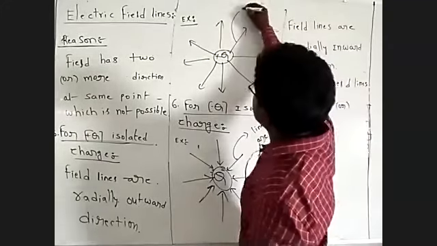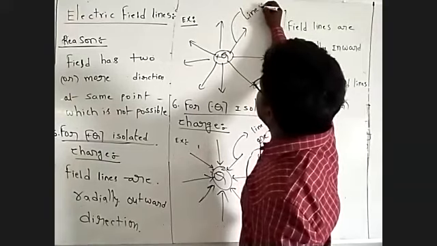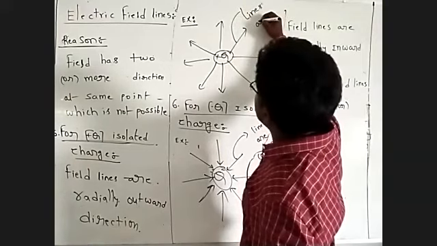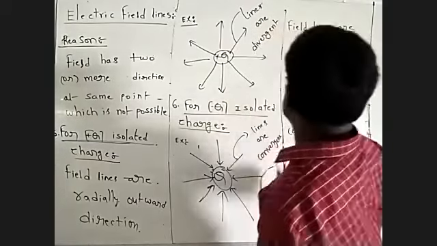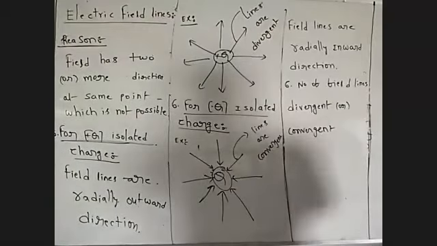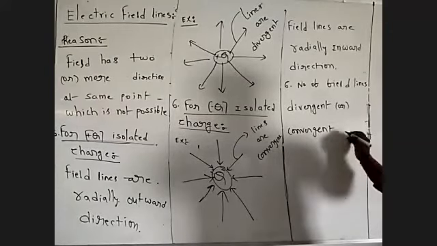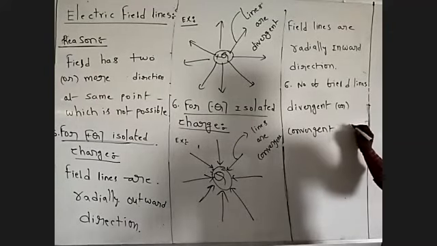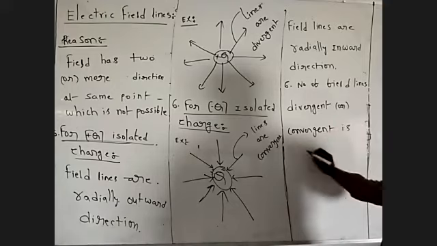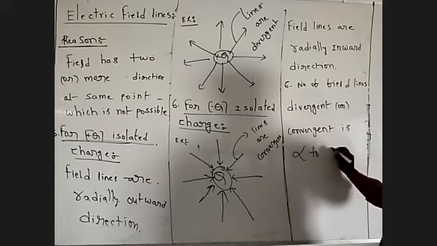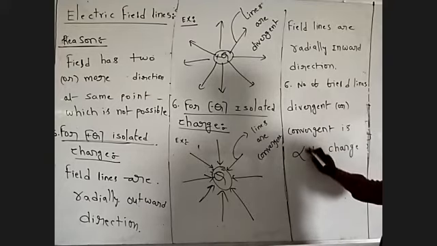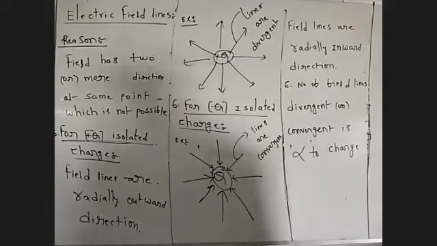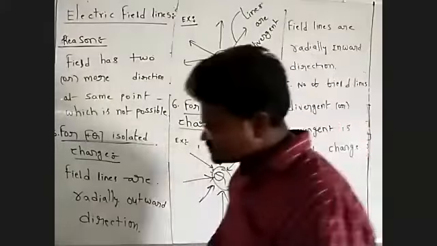These lines are divergent. The number of field lines, convergent or divergent, is directly proportional to the charge.